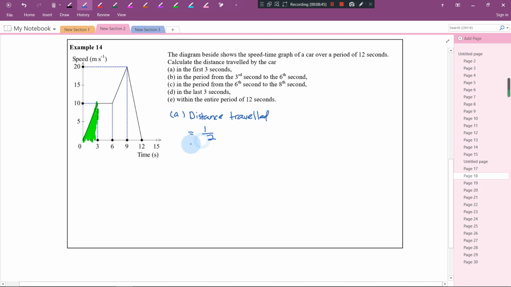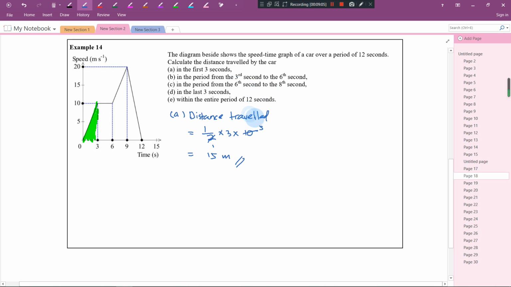One over 2 times 3 times 10, which is 15, and the unit is meters.